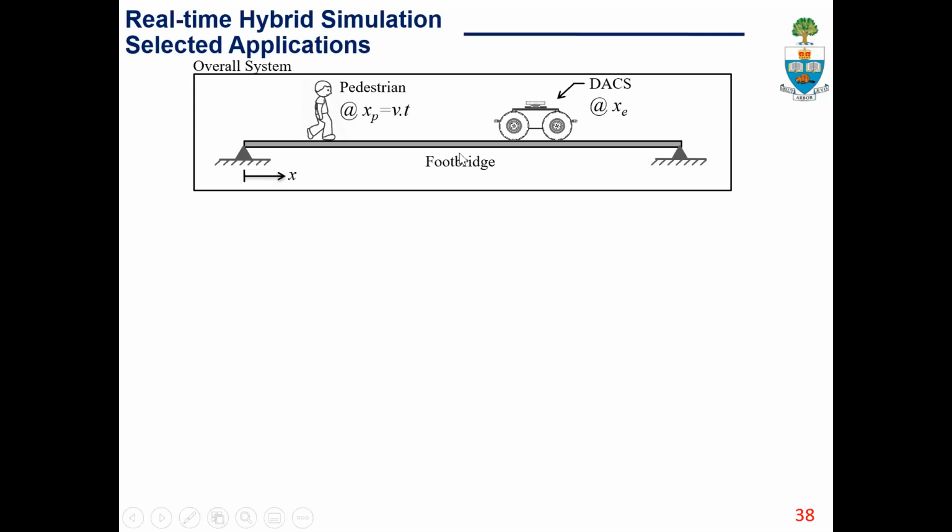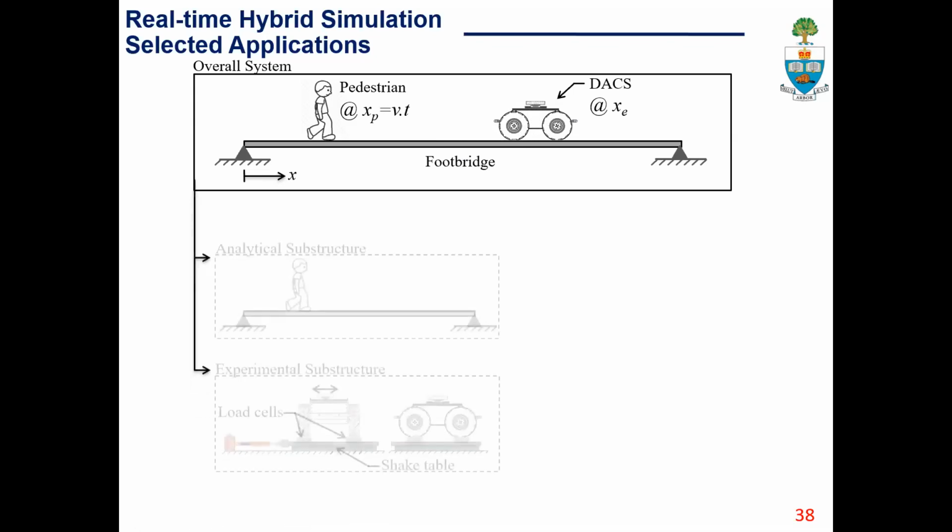It will determine the optimum location that it should go. It will go there on its own because it is an autonomous system using its vision sensors. And then it will activate the EMD, the active mass damper on top, to generate the required control force. And this way, it will mitigate the vibration.